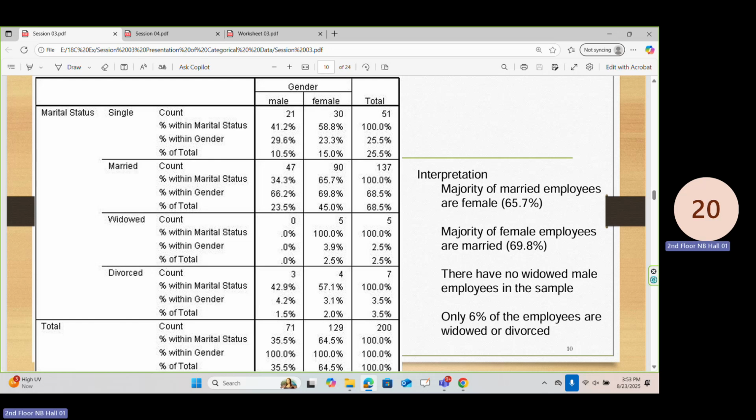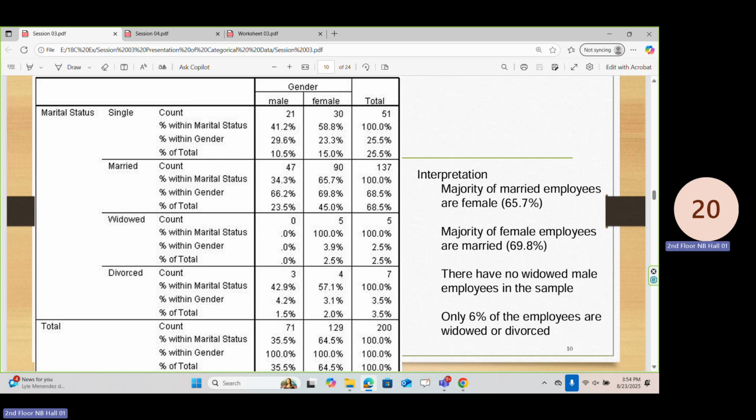Then tell me 10.5%. What is it? 10.5% within total value. Then total number of employees are there. What is total number of employees? 200.